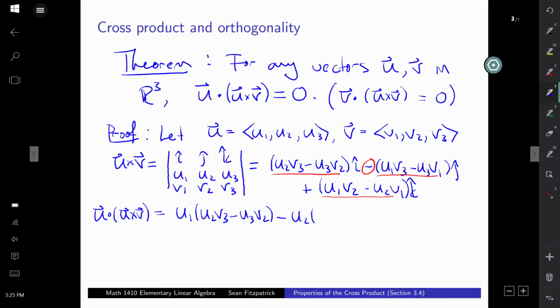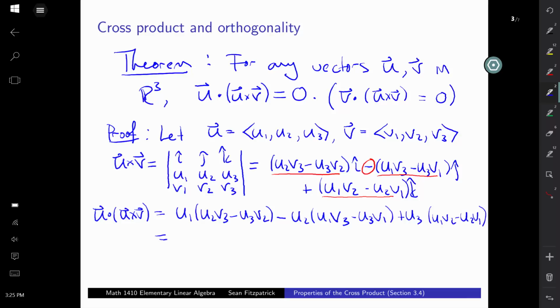So u2 times u1 v3 minus u3 v1, plus u3 times u1 v2 minus u2 v1.